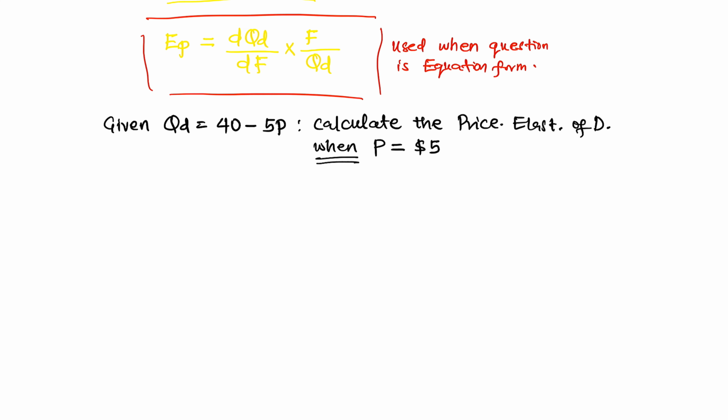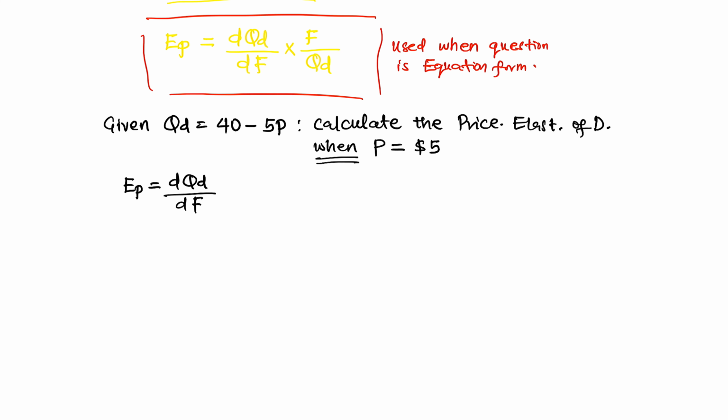The word when specifies that we are calculating point elasticity of demand. So we know that price elasticity of demand, because the question is given to us in function form, is dQD/dF, the factor.